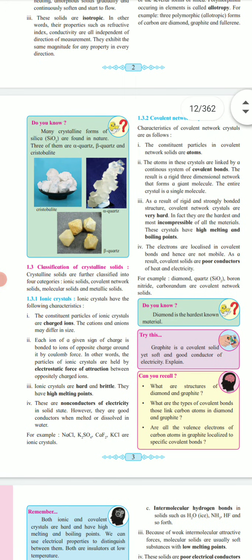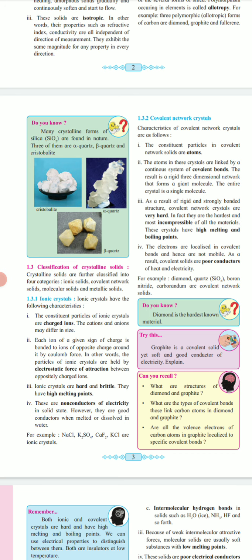1.3 Classification of crystalline solids. Crystalline solids are further classified into four categories: ionic solids, covalent network solids, molecular solids, and metallic solids. Ionic crystals. Ionic crystals have the following characteristics. The constituent particles of an ionic crystal are charged ions.